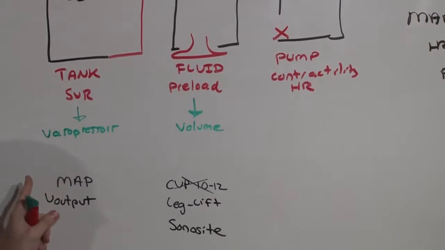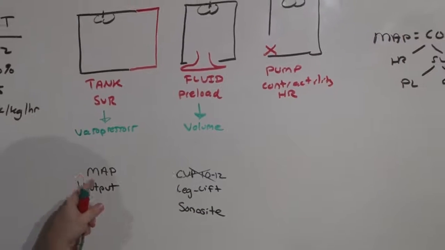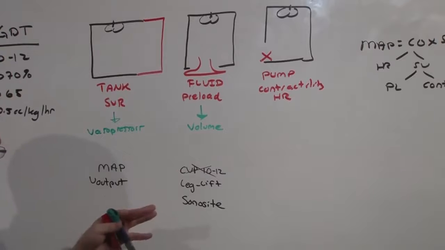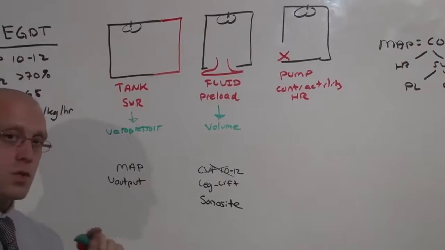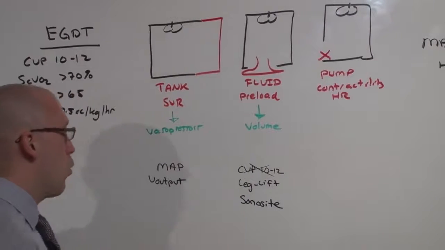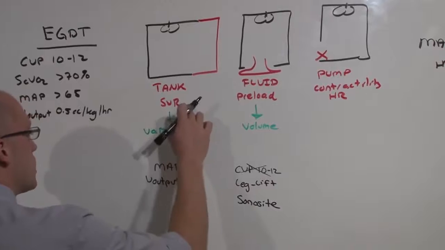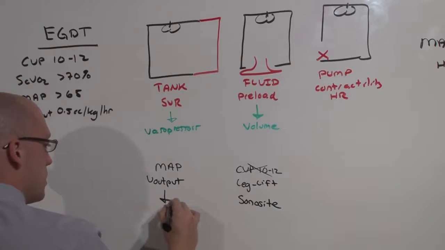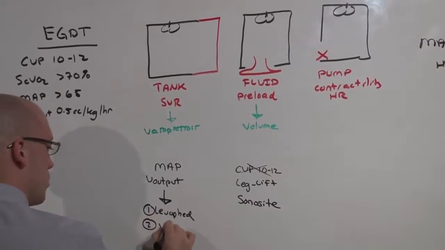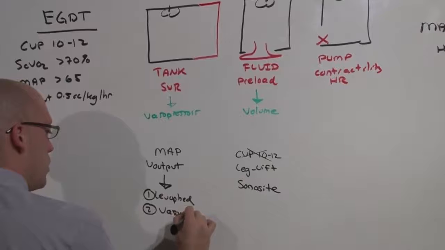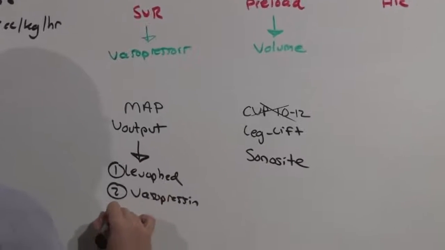Which is why when you write orders for vasopressors, you say, start this medication and increase until the MAP is 65. Now we know from studies that are done that what we use to replace systemic vascular resistance is, in this order, Levophed. When you've maxed out Levophed, you add vasopressin. And when you've maxed out vasopressin, you give epi.